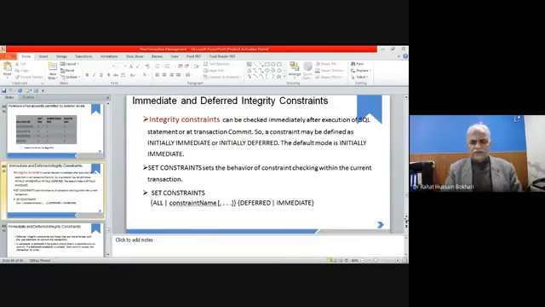The default mode is initially immediate. So there are two modes, initially immediate or initially deferred, for checking whether the constraints are properly followed after the execution of the SQL statement.